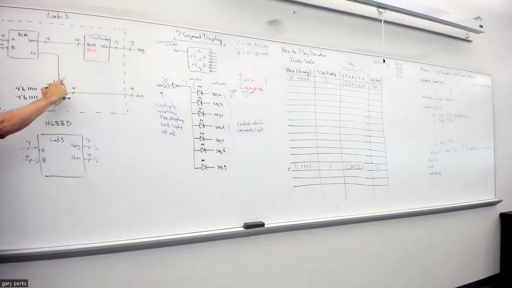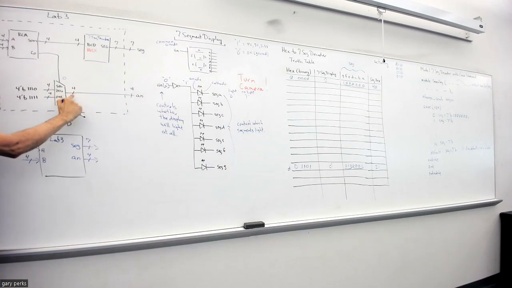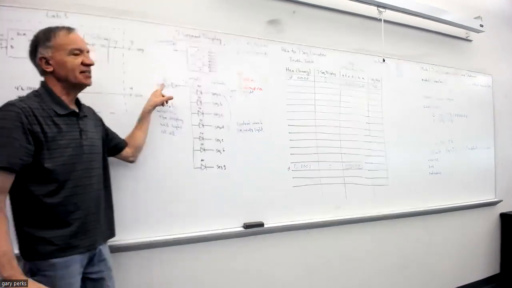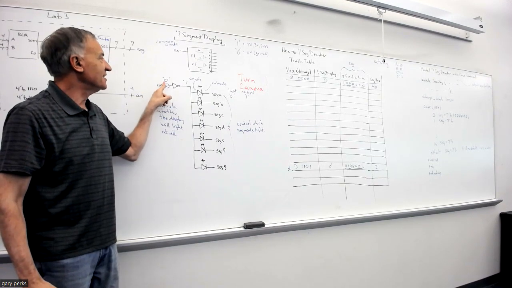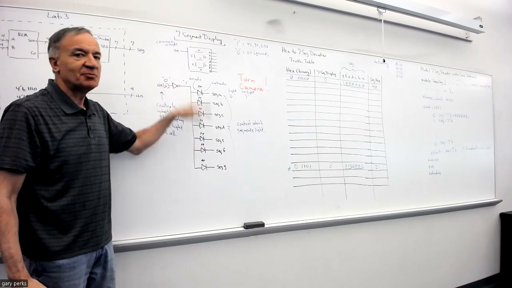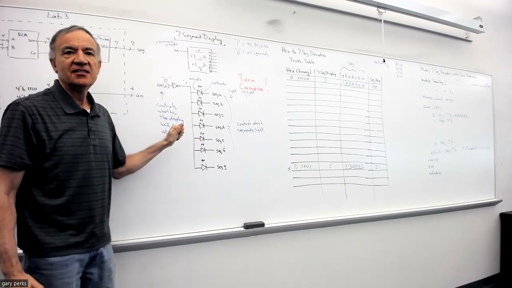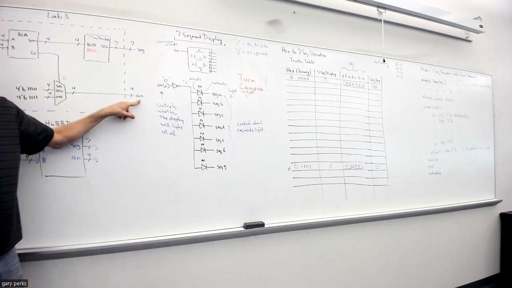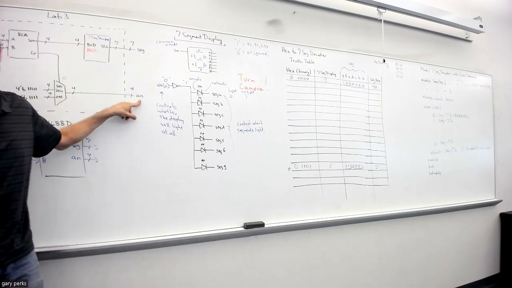When select is 0, this data that's on the 0 input, this 1, 1, 1, 0, is going to be connected to the output. And look, the output goes to the AN bits, the anode bits of the 7-segment display. And we talked earlier that it takes a 0 to light up a display, right? If you have a 1 for an anode bit, the display is not going to light at all. So do you see why this is 1, 1, 1, 0? Because what's 1, 1, 1, 0 going to do? It's going to what?